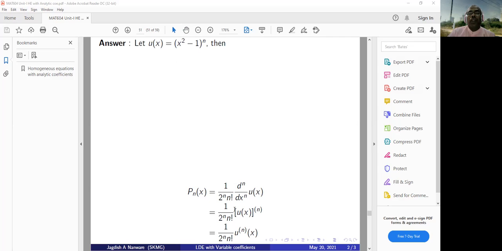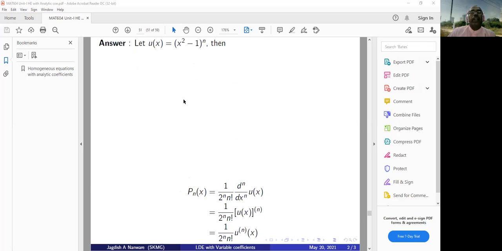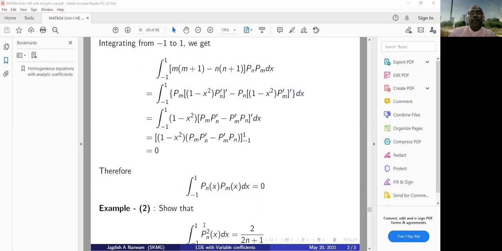So we rewrite this as 1 upon 2 to the power n into n factorial, and this means the nth derivative of the function u of x. So we have the function u as x square minus 1 to the power n, right? And now here we need Pn square.